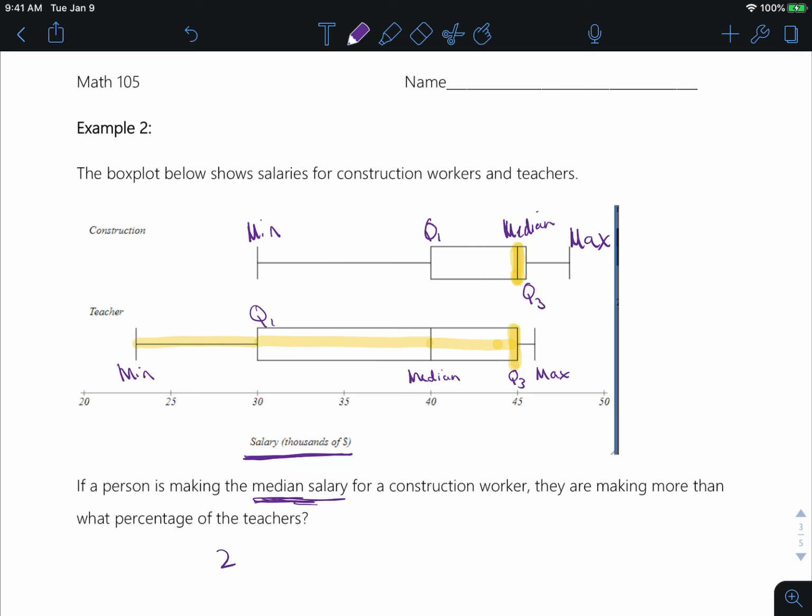So that's why it would be 25 plus 25 plus 25. Wow.